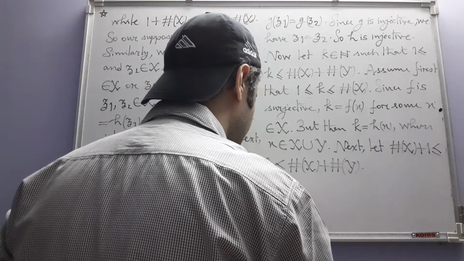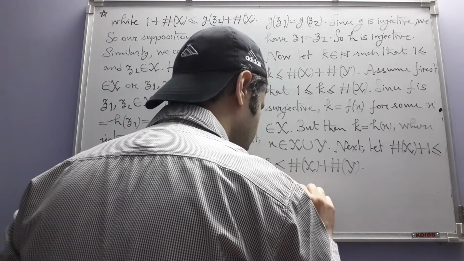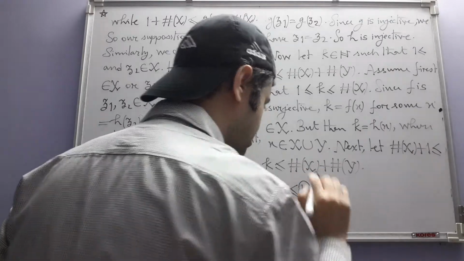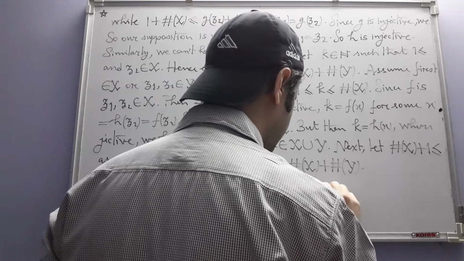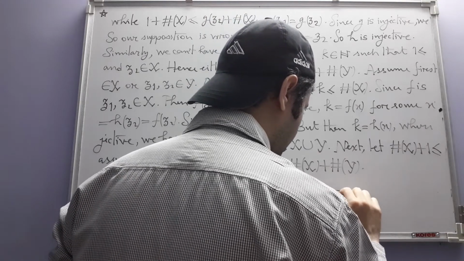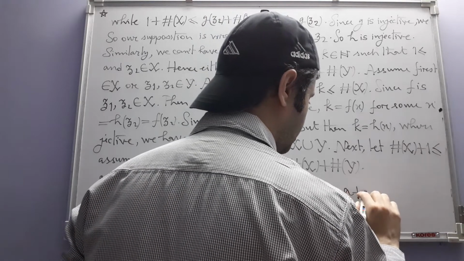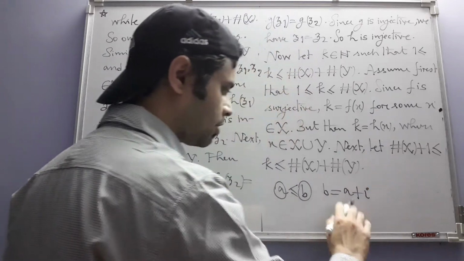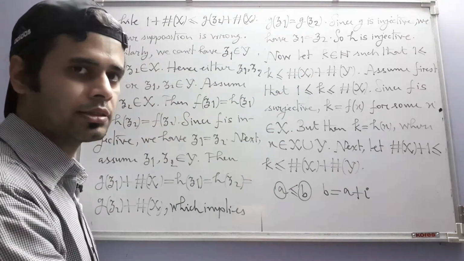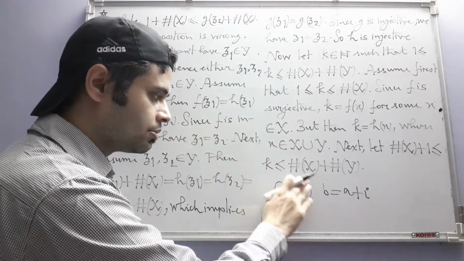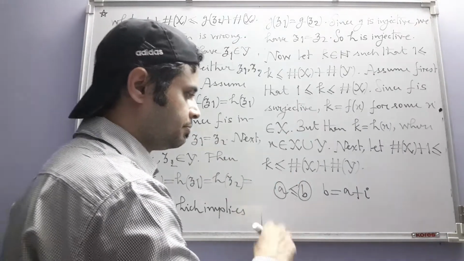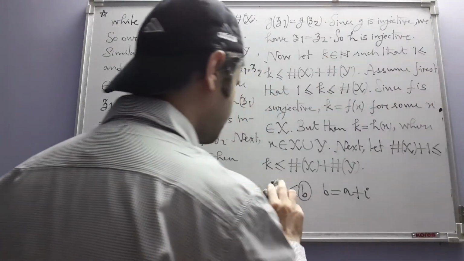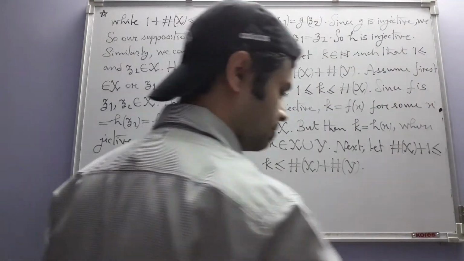Instead, we take the help of the definition of less than or equal to itself. Do you remember what this means? If A and B are natural numbers, by definition it means that there exists a natural number I for which B is equal to A plus I. That is the first definition. So that's what we have to apply here.